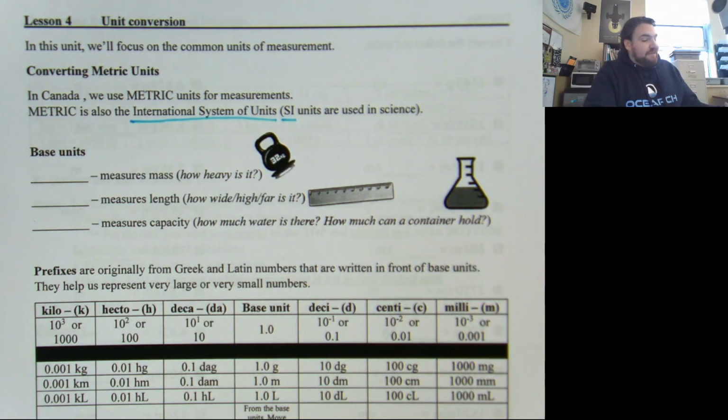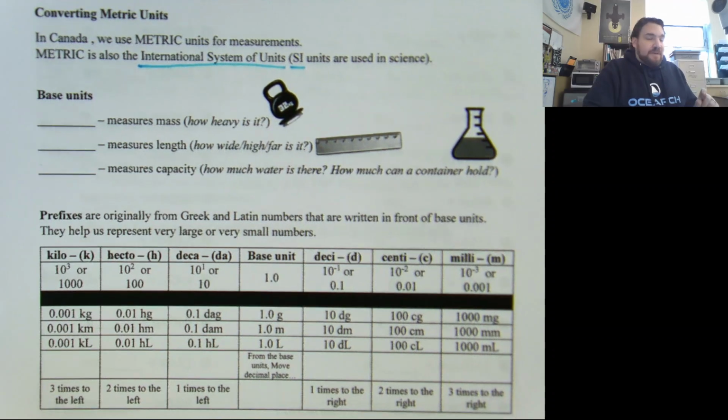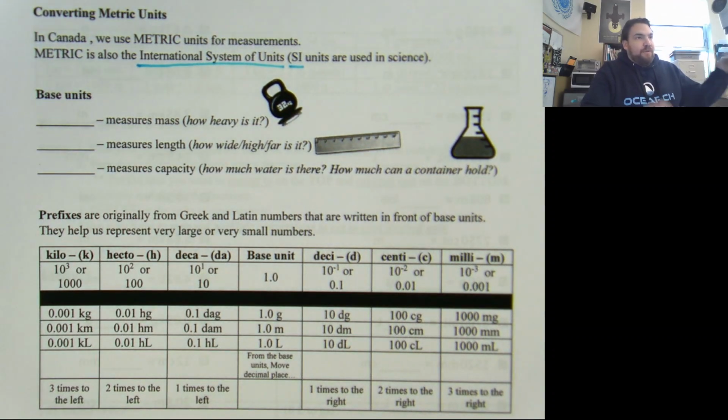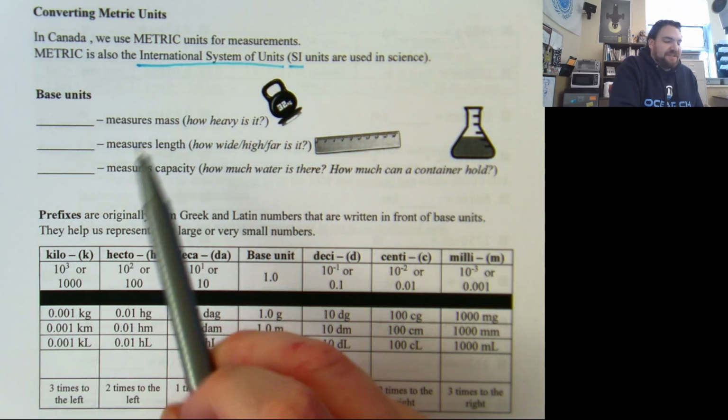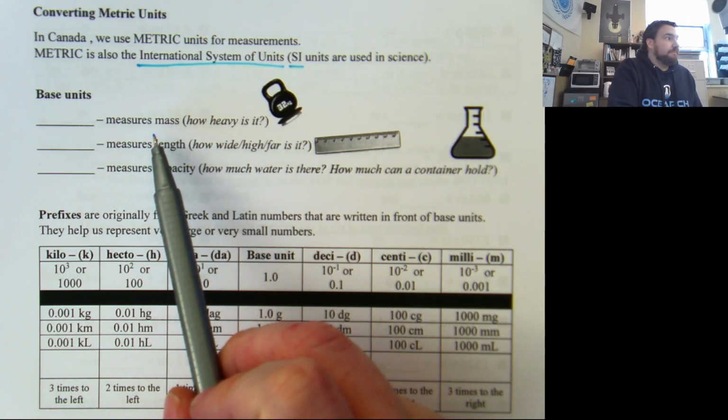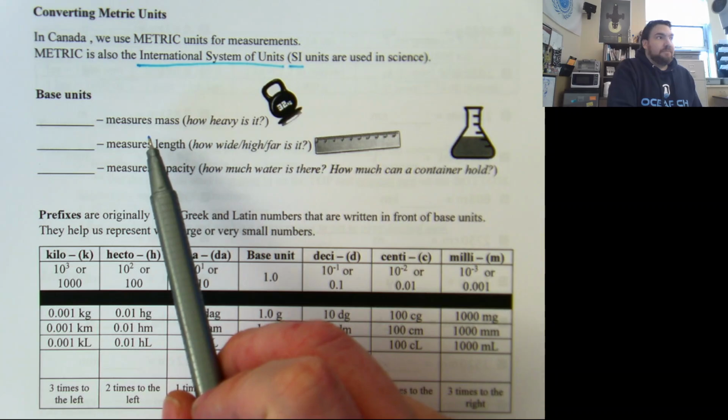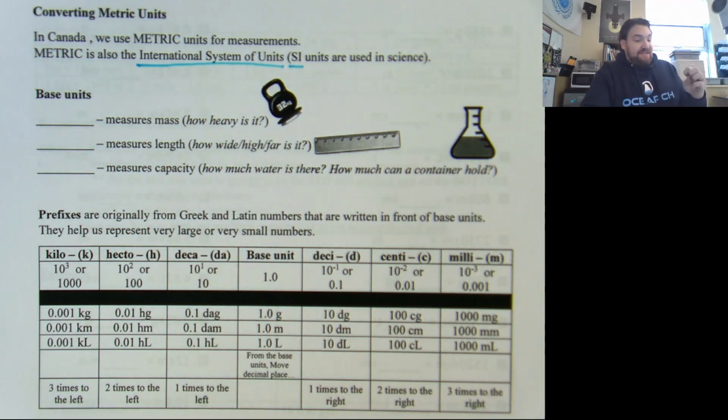So let's look at how we convert the metric system. The metric system is all based around what are called base units. In math, it's different than in physics and in chemistry, but in math, what is the base unit for mass in the metric system? Almost.